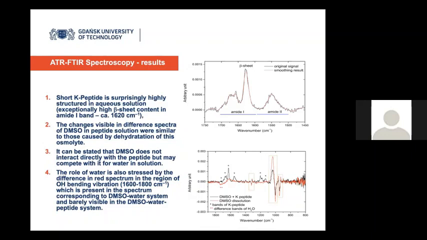Moreover, there is a strong absorption band at about 1062 wave number, which has characteristic form of beta sheets. And this fact confirmed the presence of amyloid structures in the solution. It is visible in the lower picture in the three red frames, where a black line, which demonstrates presence of K-peptide in the solution, is beneath the red line which shows the DMSO.